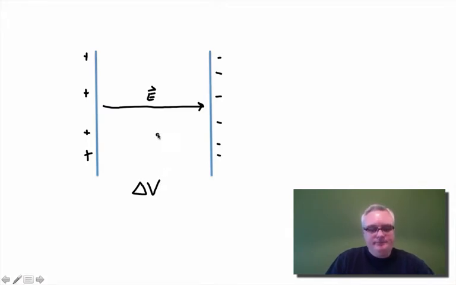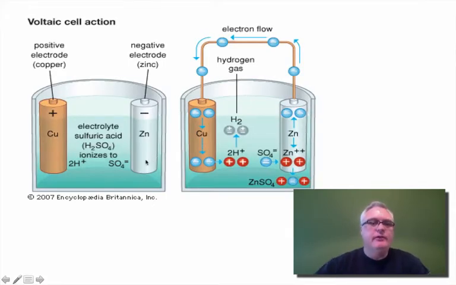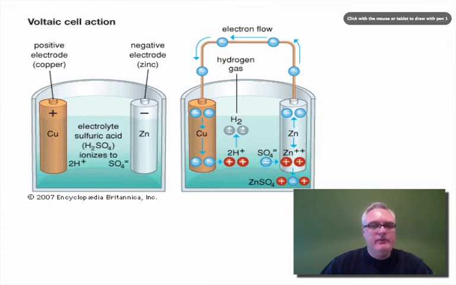One of the first types of batteries were these electrochemical cells, which were basically two different types of metals, in this case copper and zinc, in an acid bath, in this case sulfuric acid. The acid and the metals interact, there's a chemical reaction, causing the copper to become positively charged and the zinc to become negatively charged. So there you have your parallel plates, your source of potential difference.